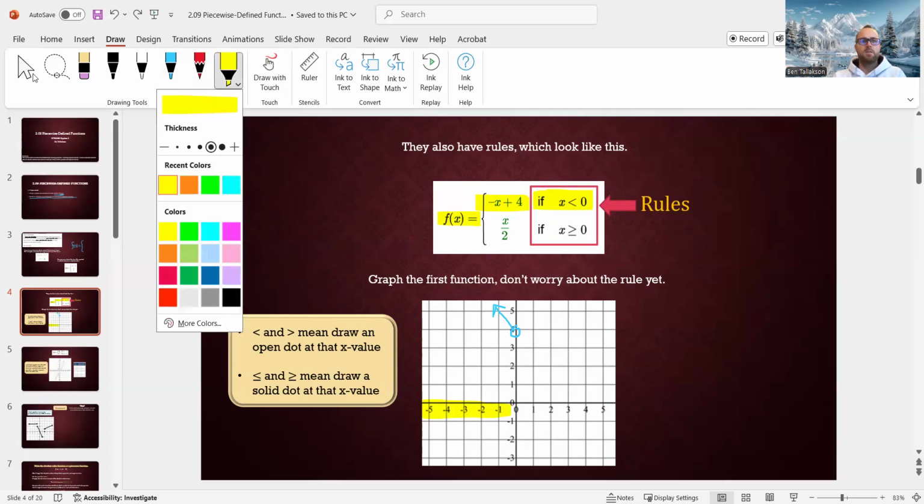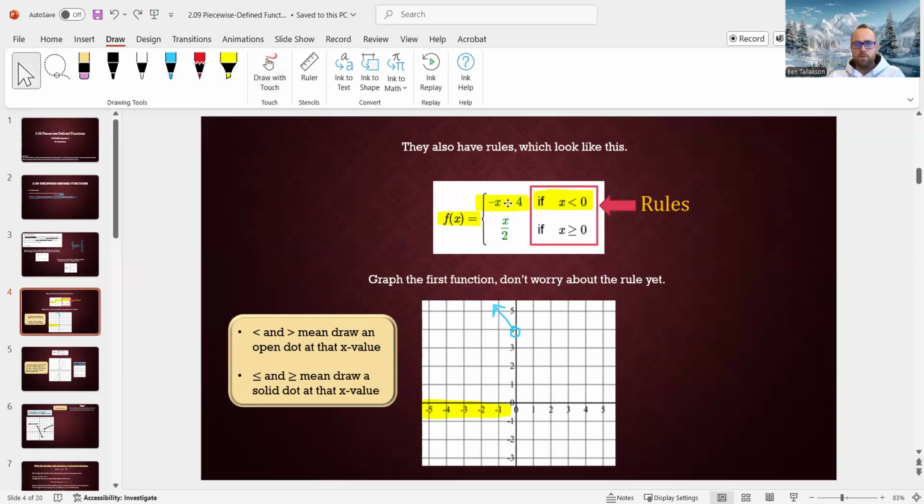Well, let's see. We're focused on now x over 2. And then we have our rule here. Let me just highlight that. Here we go. All right, how do we graph x over 2? Well, that's the same as 1x over 2, which is the same as 1/2 x.